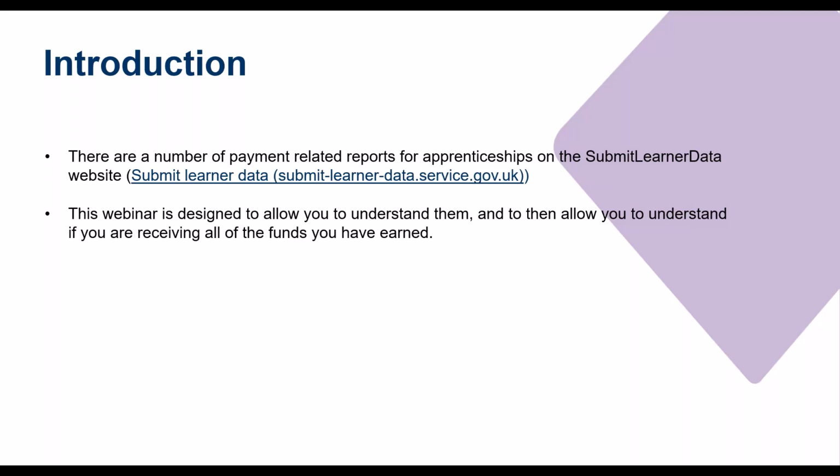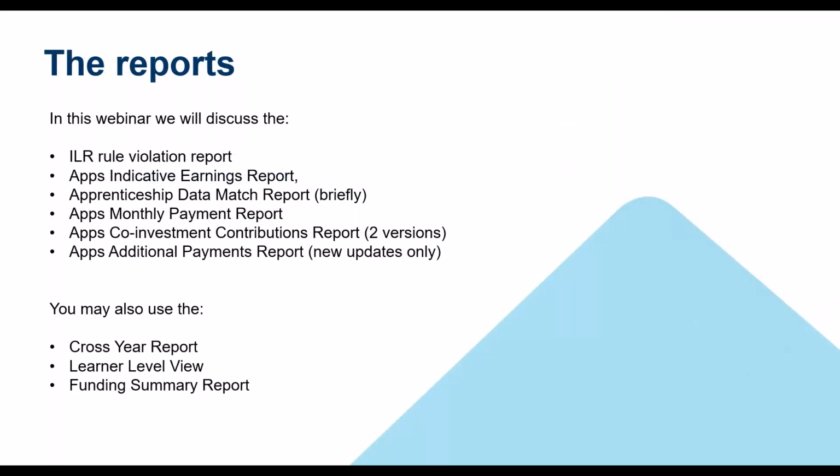So to move on to the next slide, please. In this webinar, we'll discuss the 6 reports at the top here: the ILR rule violation report, the APS indicative earnings report, the apprenticeship data match report, the APS monthly payment report, the co-investment contributions report, and the additional payments report. You might also use the cross-year report, the learner level review, and the funding summary report.